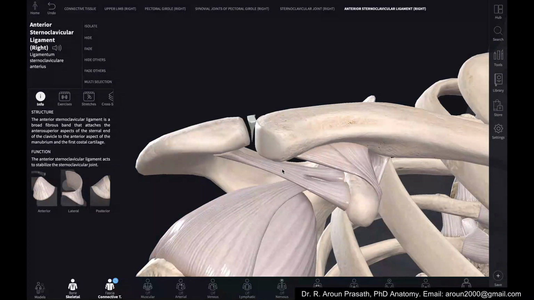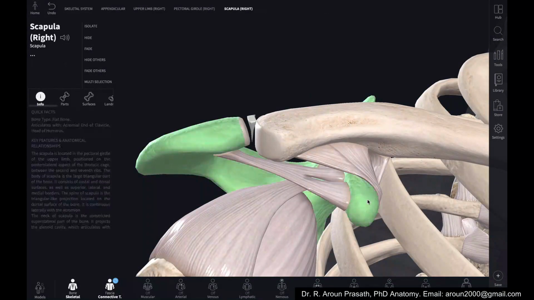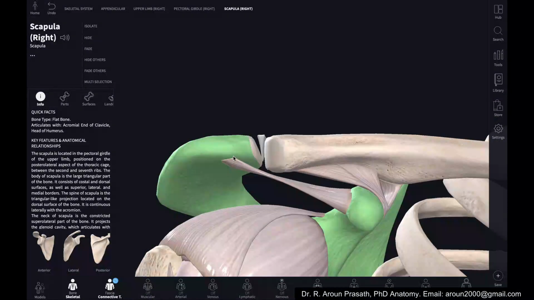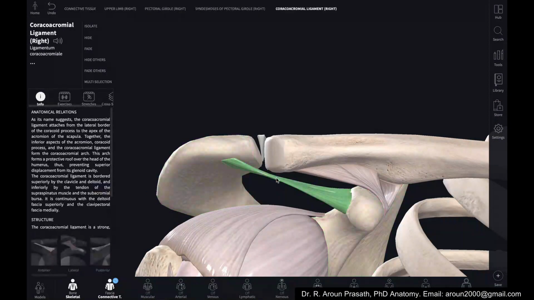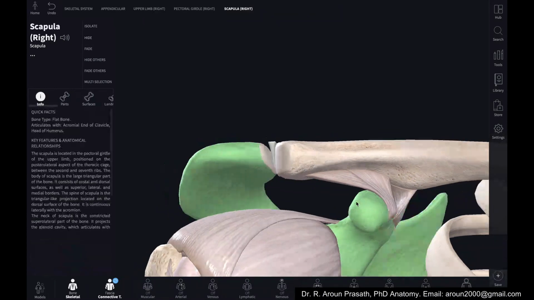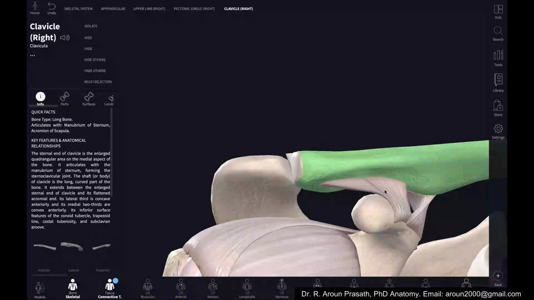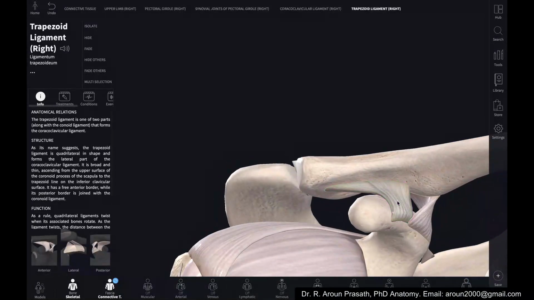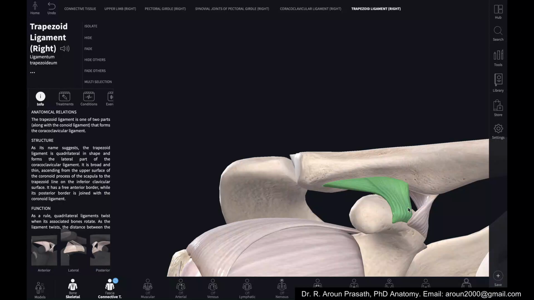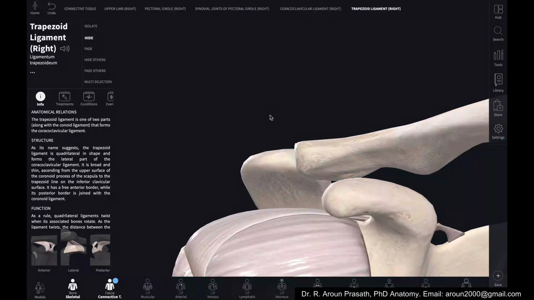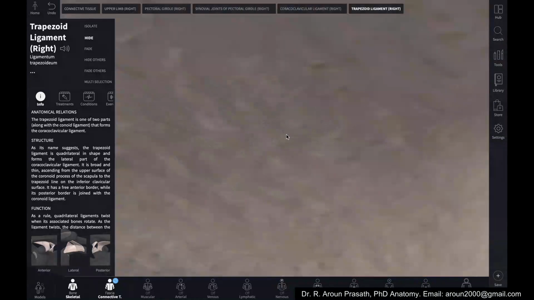Now this is the coracoid process and this is the acromion process, and this ligament is called the coracoacromial ligament. Between this coracoid process and the clavicle you have the trapezoid ligament, attached between the clavicle and the coracoid process, and also this deltoid. These are all the ligaments in this joint.